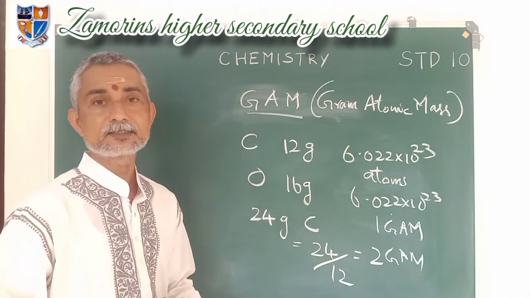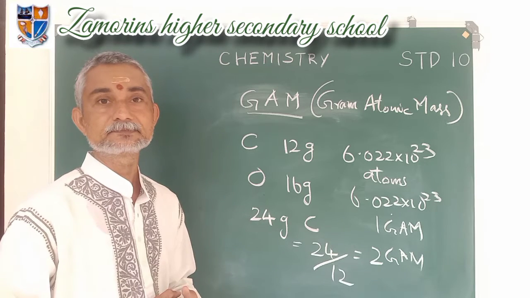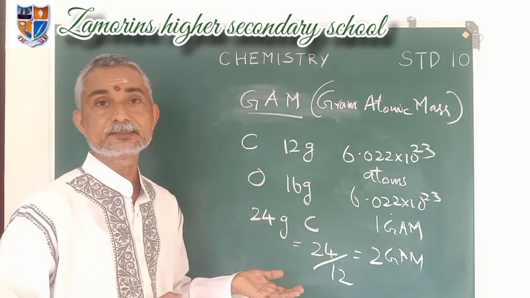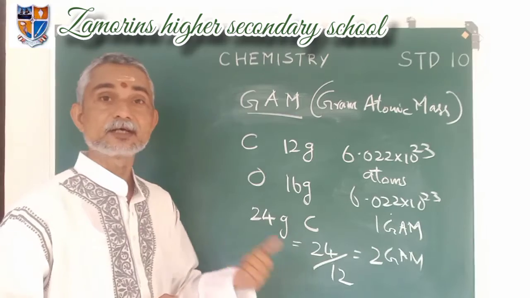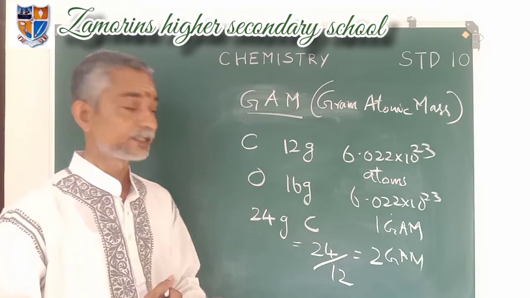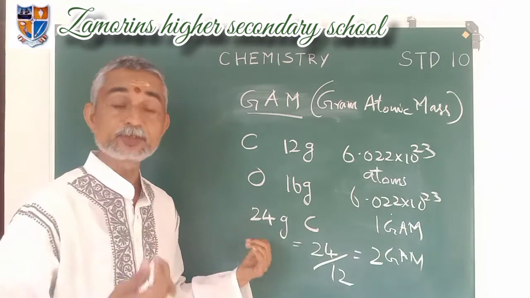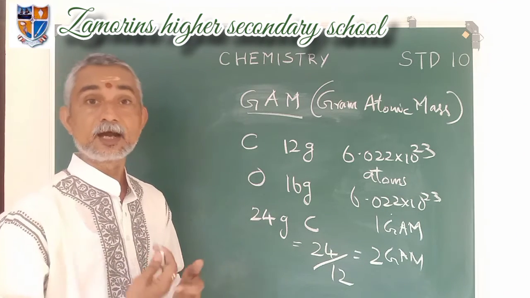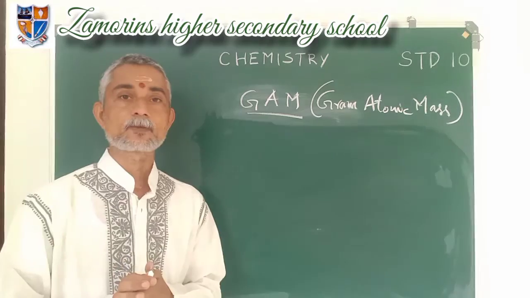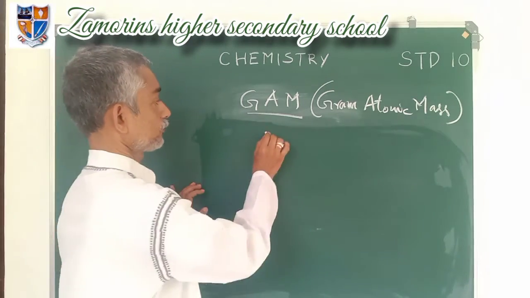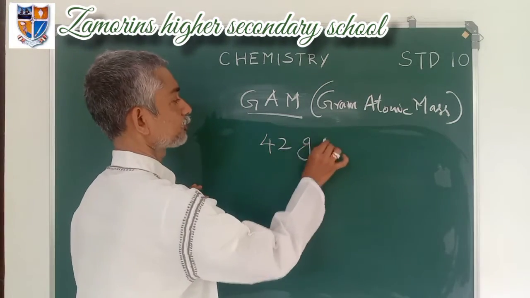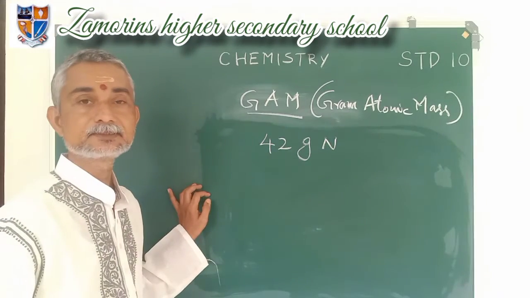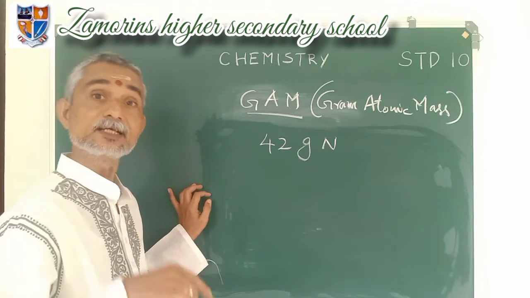In this manner, we can calculate nitrogen and other atoms. That is, if we give 42 gram of nitrogen, 80 grams of oxygen, how can we calculate? In the case of 42 grams of nitrogen, how many GAM is there?